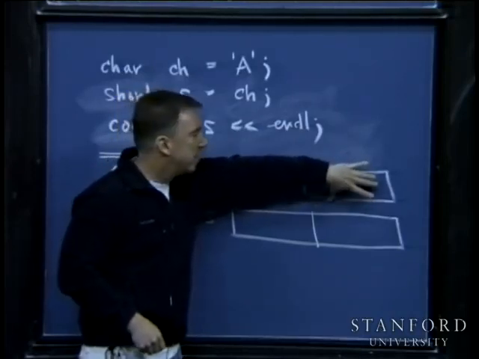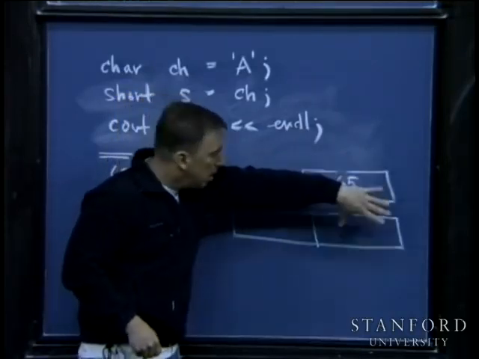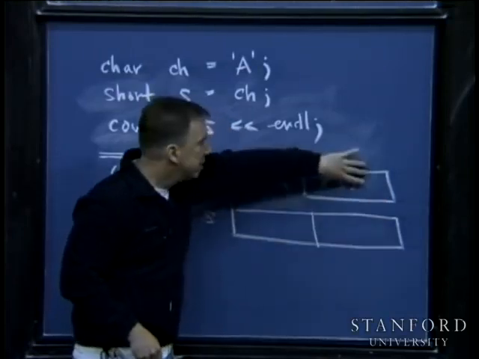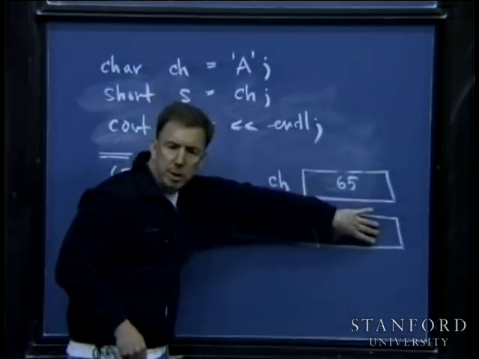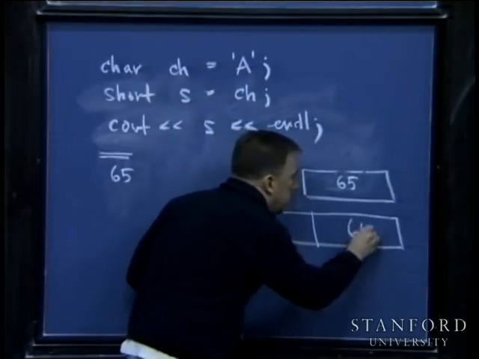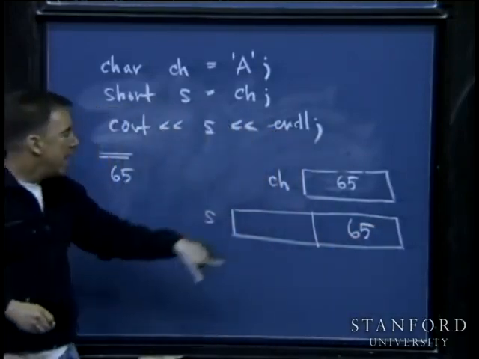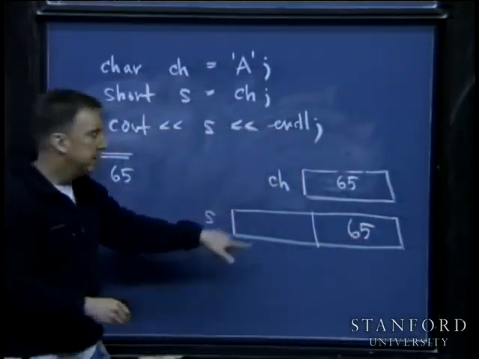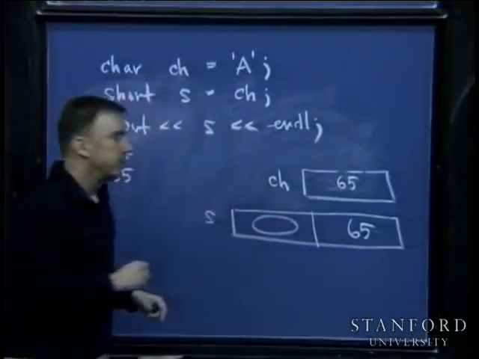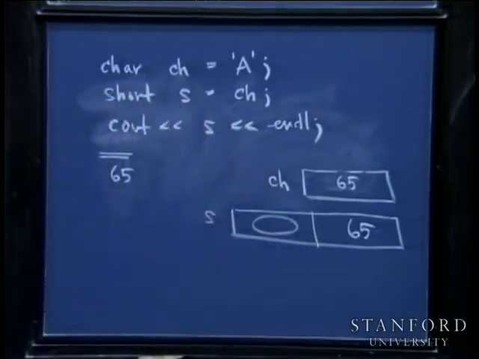It just replicates whatever bit pattern is right here onto that space right there. It smears these bits onto this little byte like it's peanut butter and puts a 65 down there. And all the extra space is just padded, in this case, with zeros. And so that's how 65 goes from a 1-byte representation to a 2-byte representation.